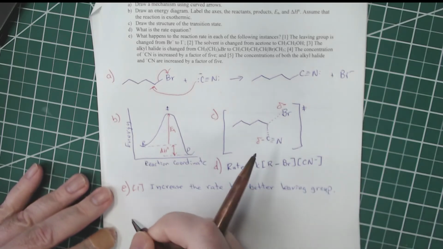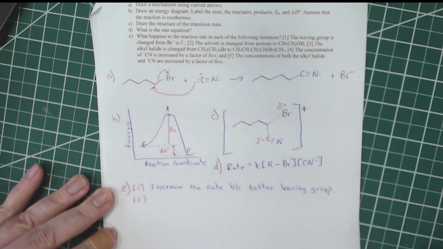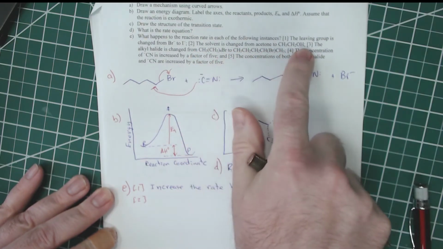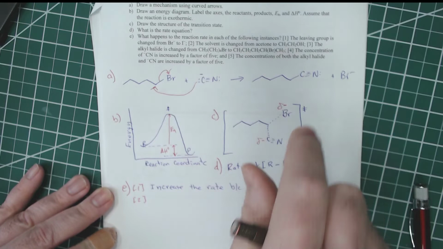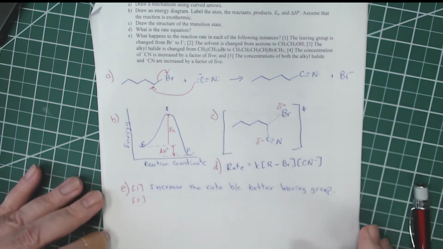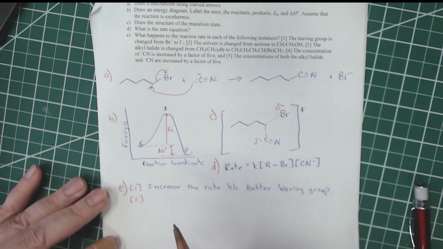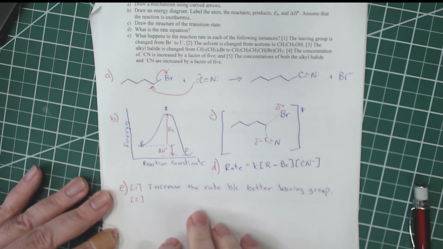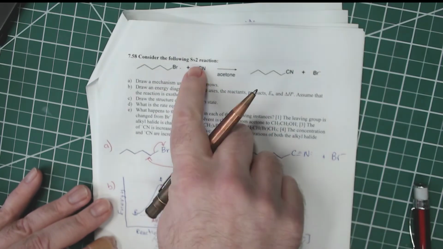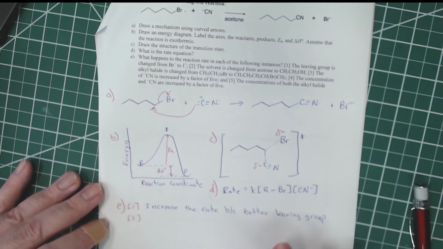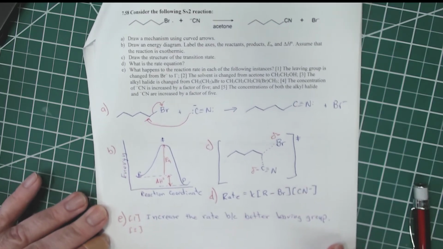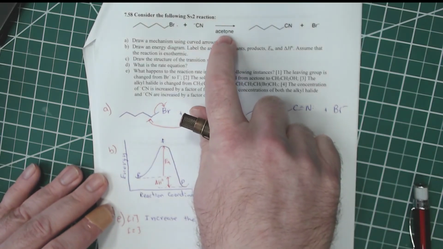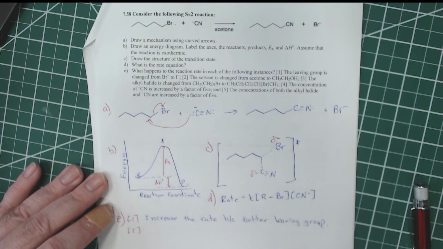Okay, so now let's look at our second thing here. Our second thing is the solvent is changed from acetone to ethanol. Now, we haven't talked about the solvent effects just yet, and since we haven't, I could skip this, but I'm going to go ahead and tell you that SN2, and this is an SN2 mechanism, is favored by a polar aprotic solvent, like acetone. When you change the solvent to polar protic, you will end up decreasing the rate.